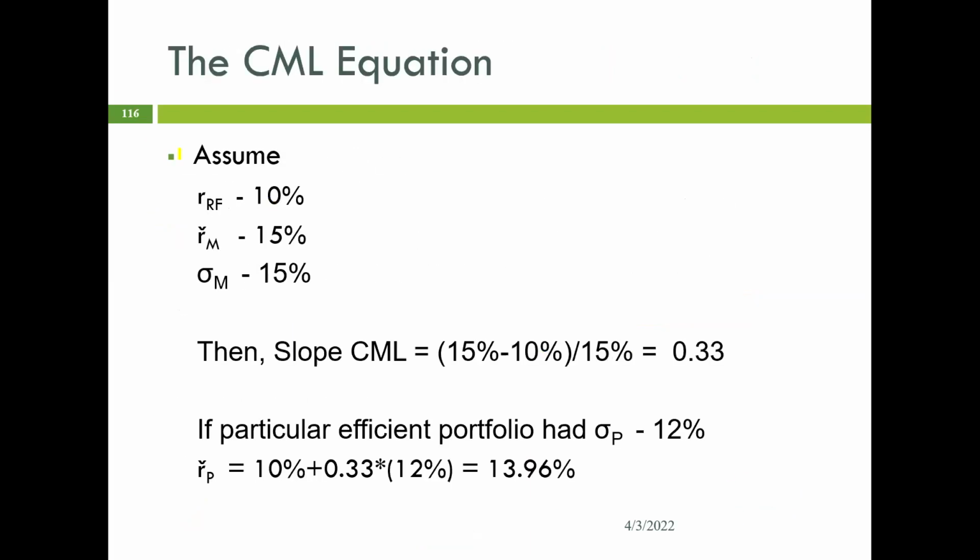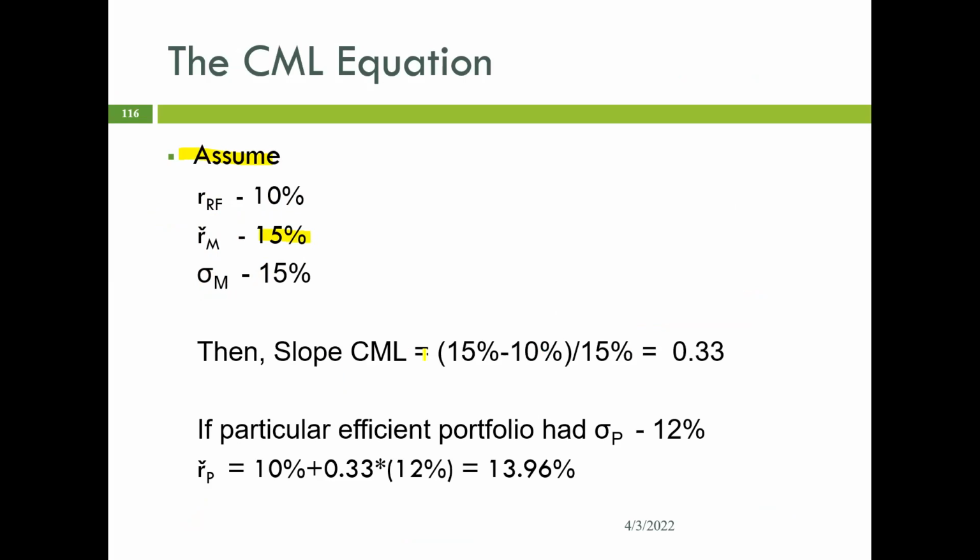Simply use this number. Assume the risk-free rate is 10%. The market forecasted return, or the expected return, is given as 15%. And this is market risk, sigma M. Sigma M means the market risk is 15%. This is market return. This is market risk.